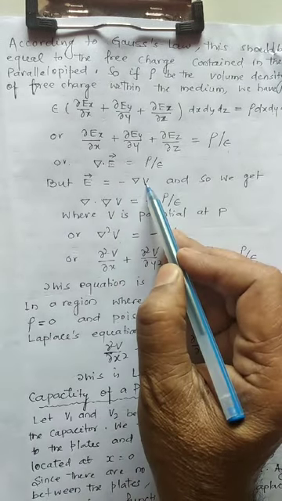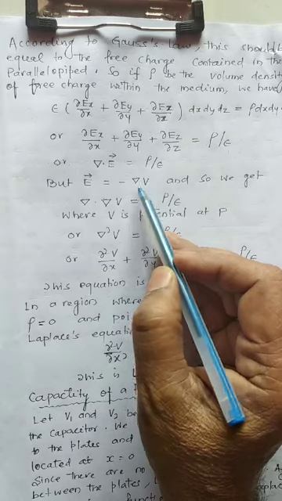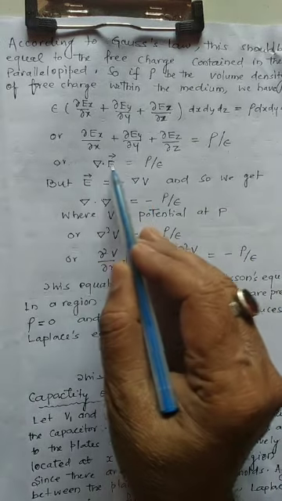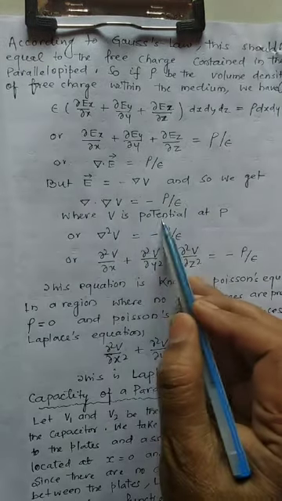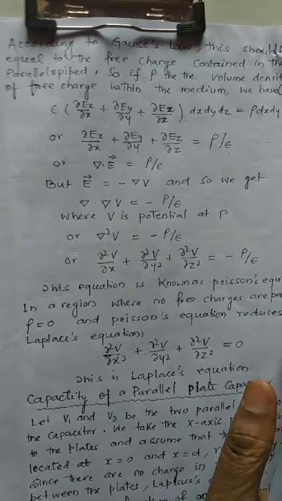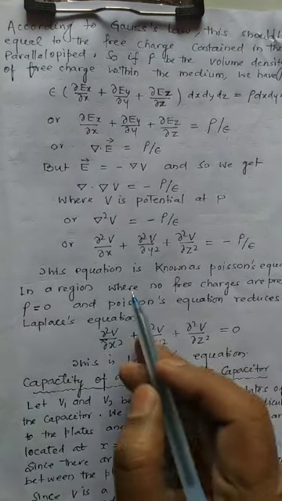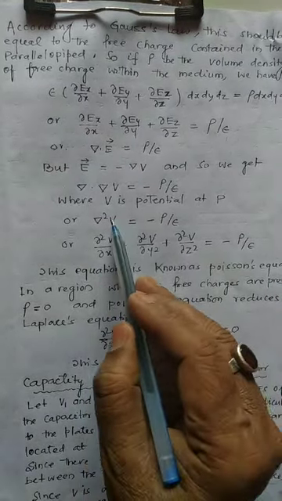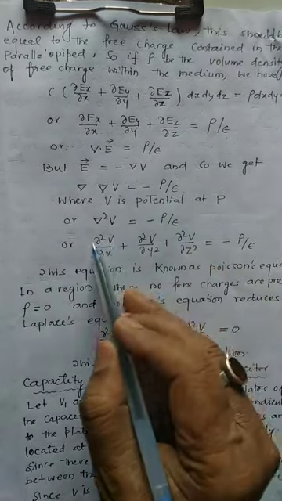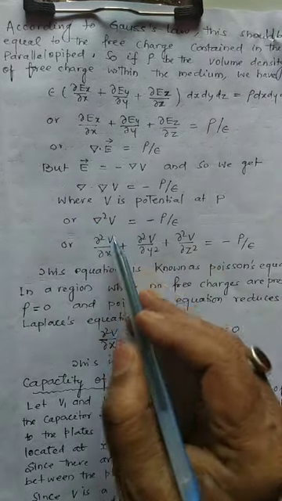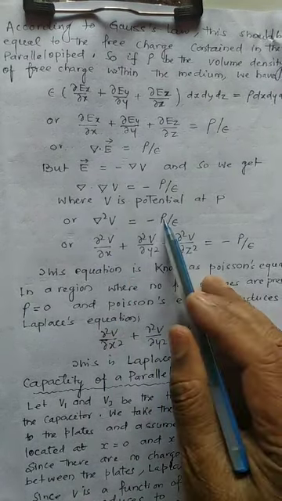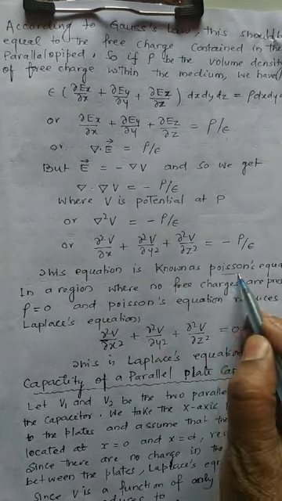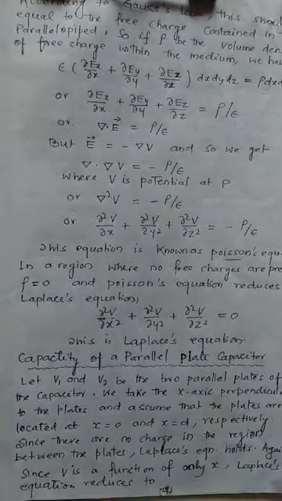E is equal to minus del V. Taking this value here, it will be del dot del V is equal to minus rho by epsilon, where V is the potential at P. So we may write the second order differential: del 2V by del x square plus del 2V by del y square plus del 2V by del z square is equal to minus rho by epsilon. This is Poisson's equation.